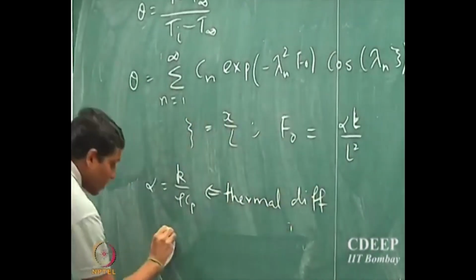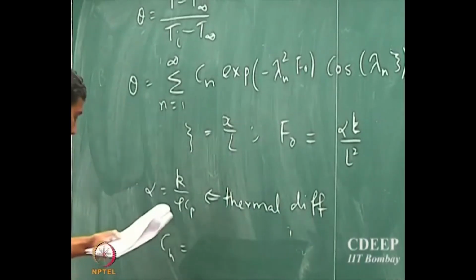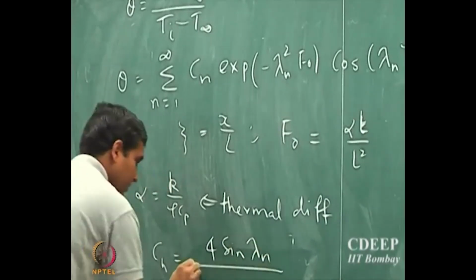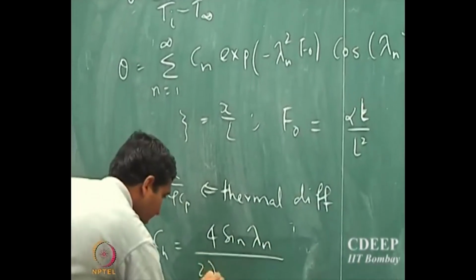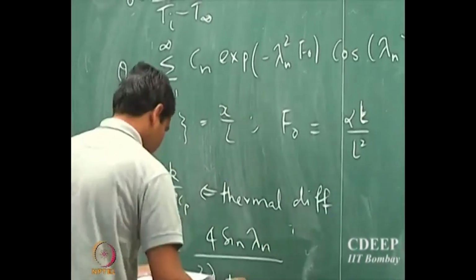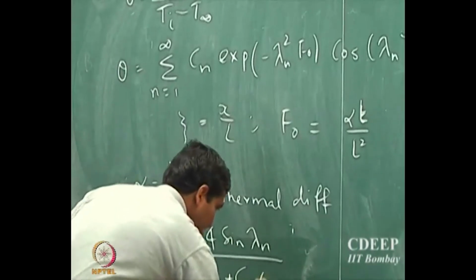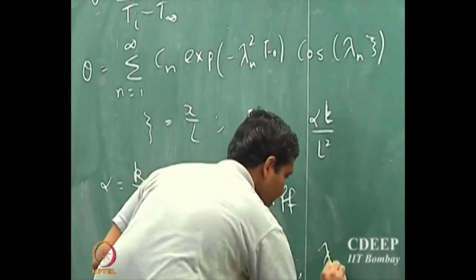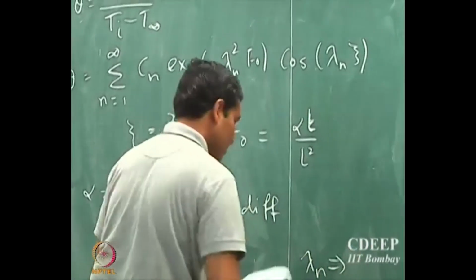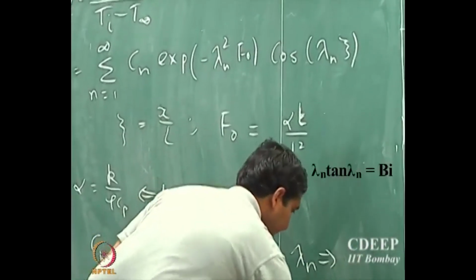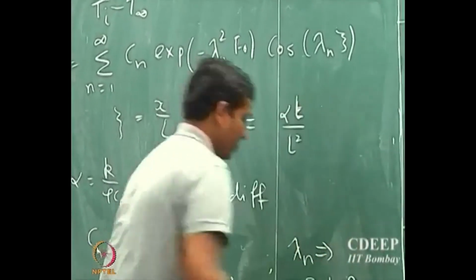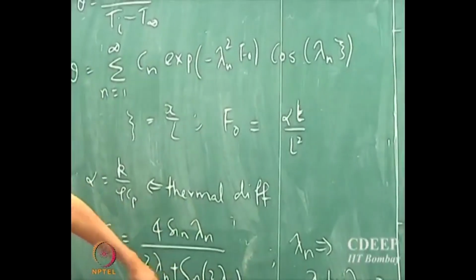And Cn is given by 4 sine lambda n divided by 2 lambda n plus sine 2 lambda n, and lambda n is the solution of this equation, lambda n tan lambda n equal to Biot number. So lambda n are the roots of this equation.